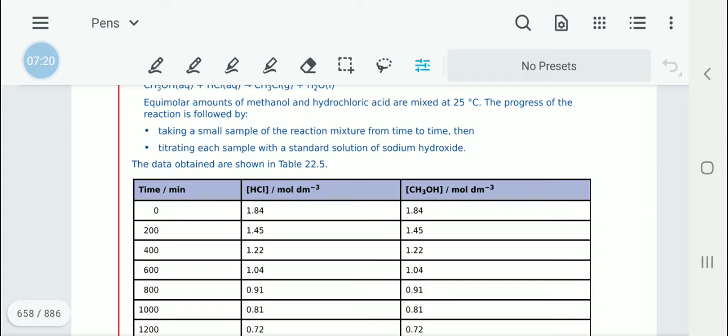At time 0 minutes, HCl is 1.84 mole per cubic decimeter. Then CH3OH is also 1.84 mole per cubic decimeter. Then 200 minutes later, it is 1.45, 1.45.